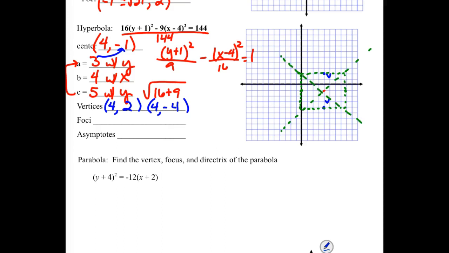And then we need to draw in the hyperbola. Remember, the hyperbola has to go through your vertices and approach those asymptotes. All right, so the other parts that we still need to list, foci and asymptotes. Our foci, we said, are going 5 units in the y direction. So if we add and subtract 5 to our y-coordinate, we get what?